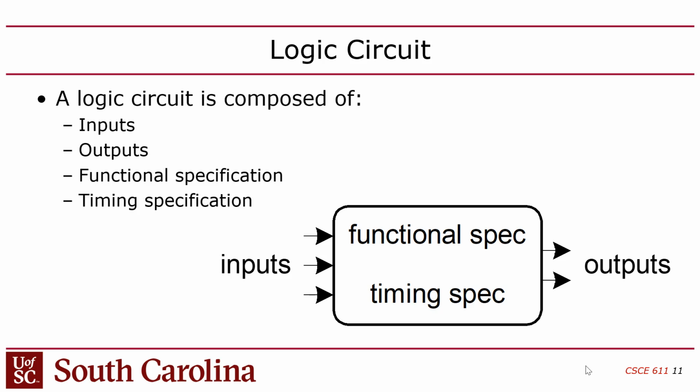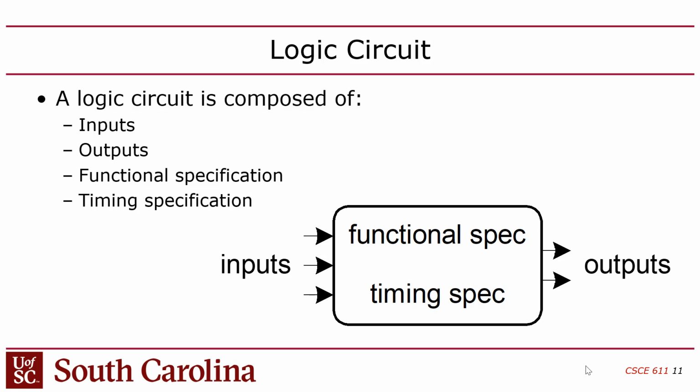And then there's a functional specification, which is how it works internally, what it does. And then there's a timing specification. The timing specification is important because it defines how much delay is between the inputs and the outputs, right? And this is something that depends on what the underlying technology is, right?